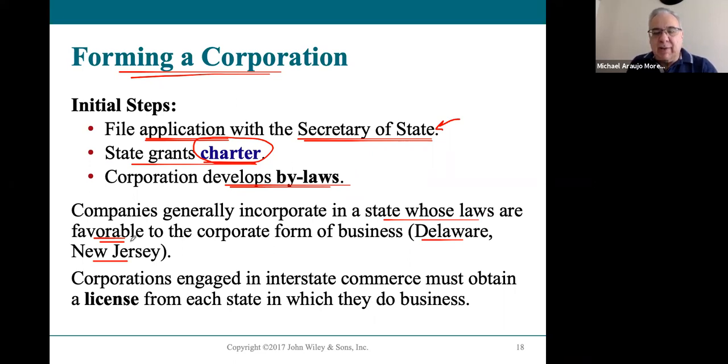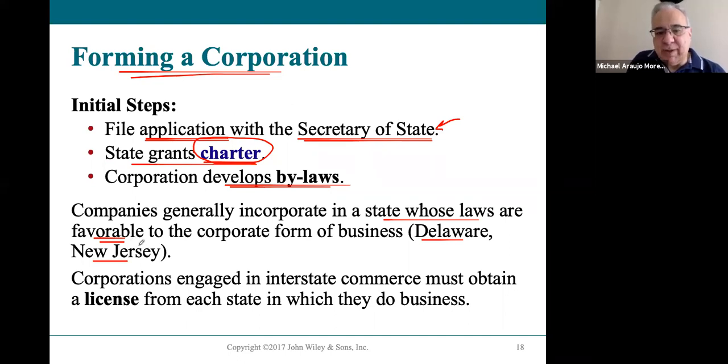So a lot of times, even though we might be a New York business, we might consider applying to be a corporation in places like Delaware or New Jersey or South Dakota or other places that have more liberal laws for corporations. There are more rights for them, less things to get in the way. Okay.